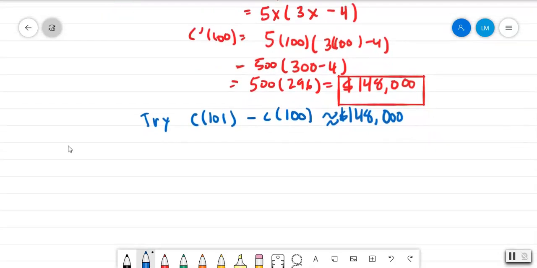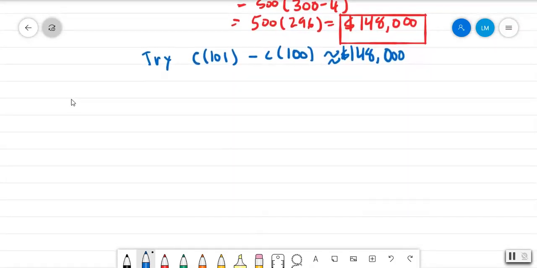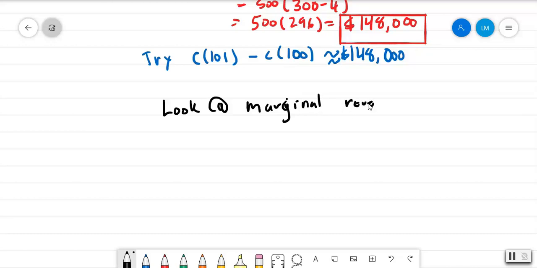Okay, so that means that you will be able to figure out, for example, what is the marginal revenue. So be sure that you look at the marginal revenue, and also the marginal profit.